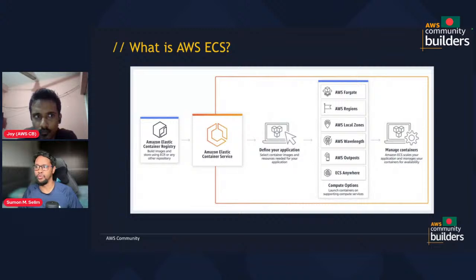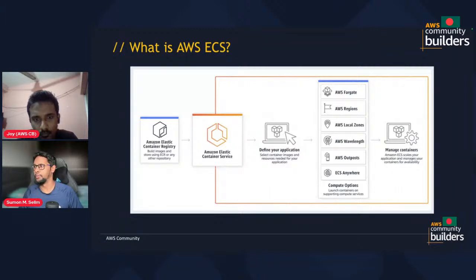When we want to use Elastic Container Service, we define our application, like which image to use to run the application. And to run the application, we need different resources, right? Like CPU, memory, runtime, etc. We can define those things in the definition of Elastic Container Service.